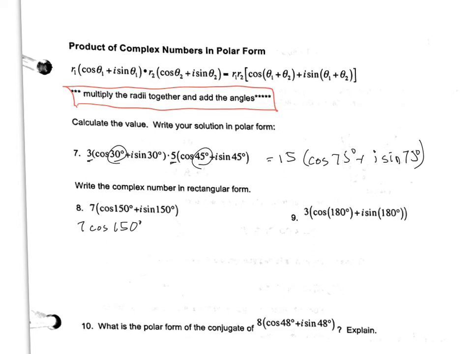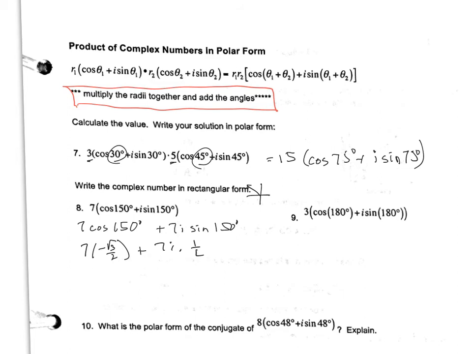So we're going to have 7 cosine of 150 plus 7i sine of 150. Don't worry about the i, it just sticks around. The cosine of 150, it's over here. Cosine's negative there, so it's going to be 7 times negative radical 3 over 2. And then this one is going to be 7i, and the sine is positive there, 1/2.